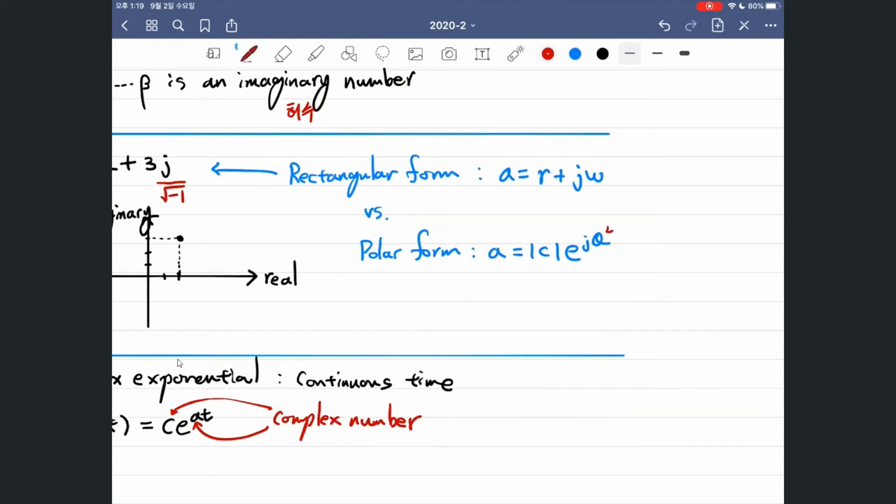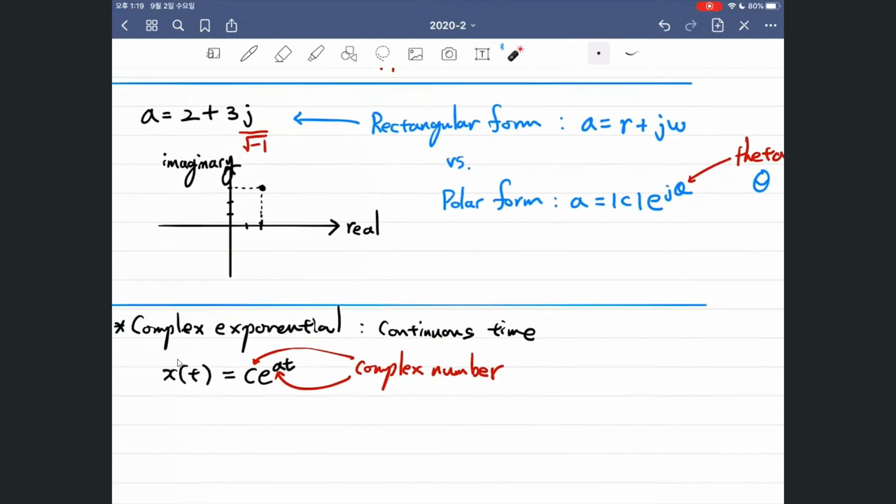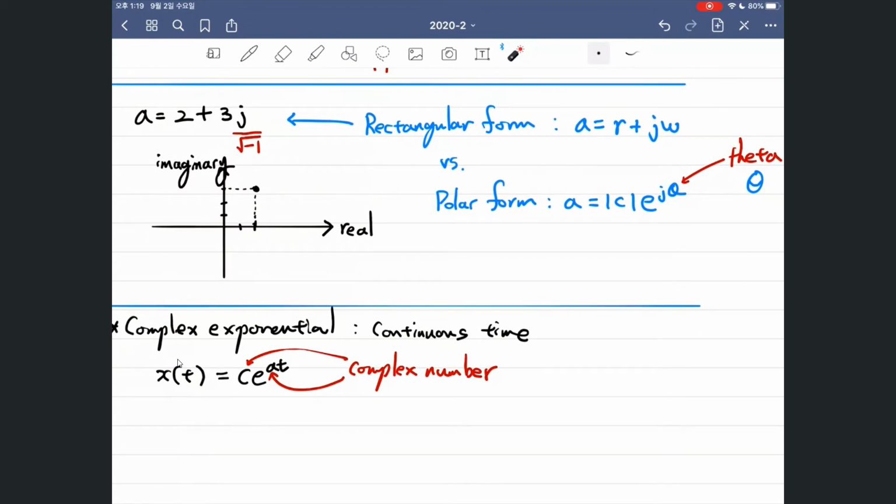So this is theta in Greek letter. Maybe you can distinguish them by writing this way, but in my writing I always write theta like this, so I'm very sorry about that. Please don't be confused with other letters.